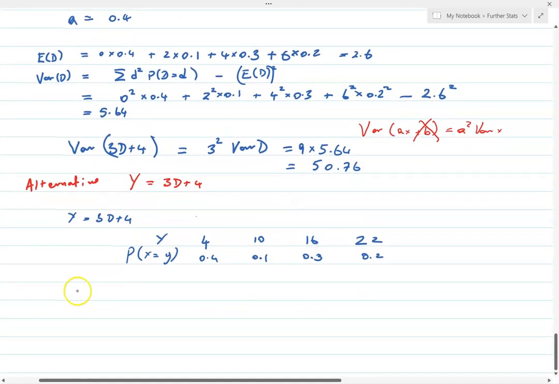So then we could work out the E of Y. We do need to work out the E of Y, which I suppose we could take from our answer before, or we could work it out separately.